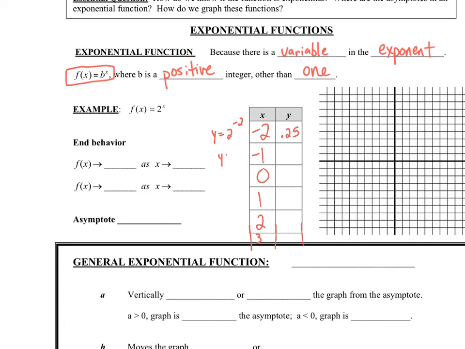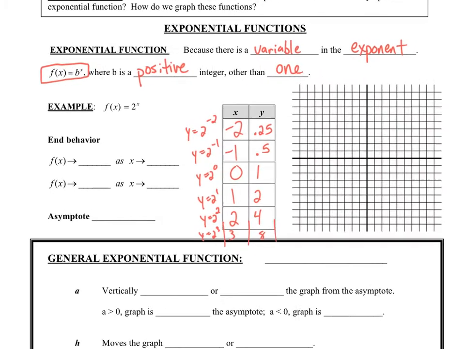Then 2 to the -1st power gives you 0.5. 2 to the 0 power is 1. 2 to the 1st is 2. 2 to the 2nd is 4. And lastly, 2 to the 3rd is 8.